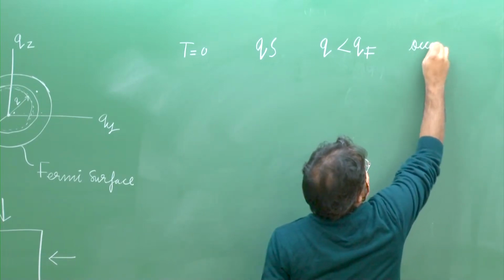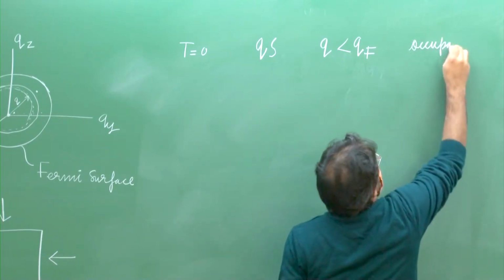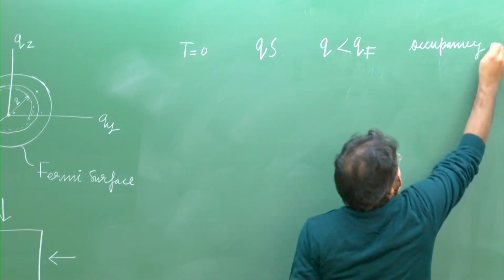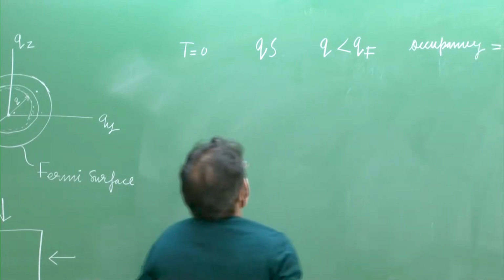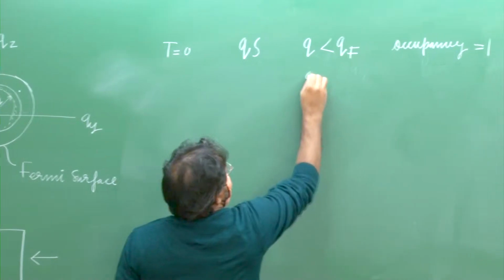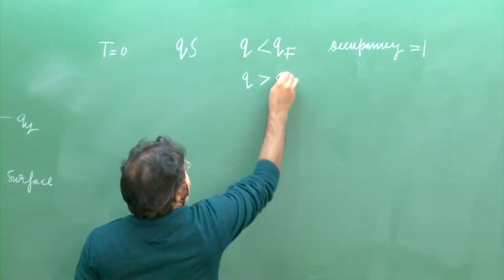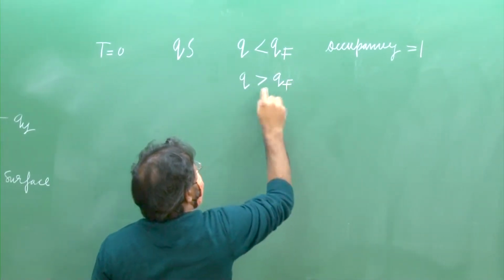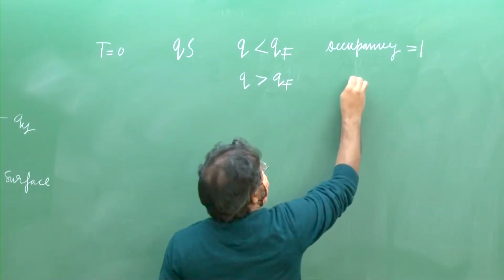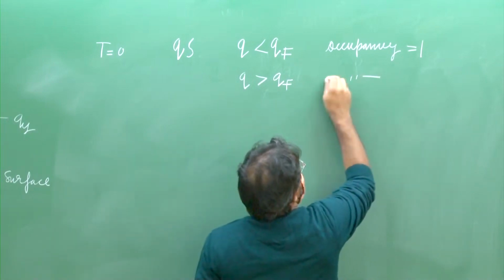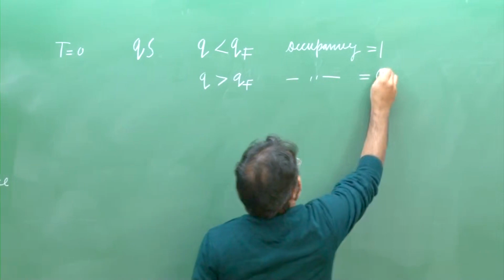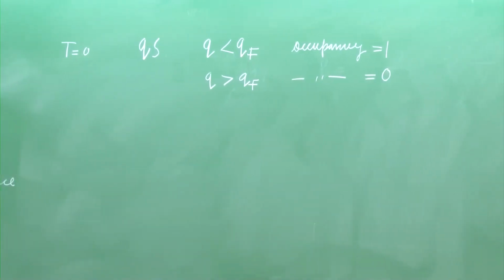Their occupancy is 1. And when Q is greater than QF, all the states above QF, their occupancy is 0, right?